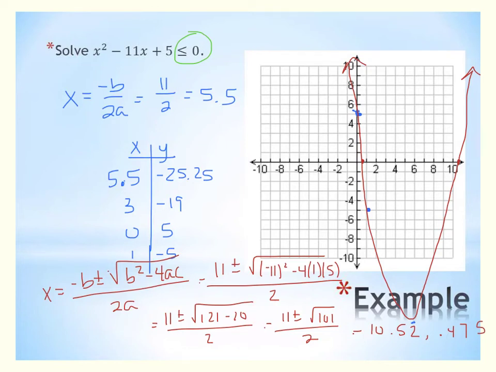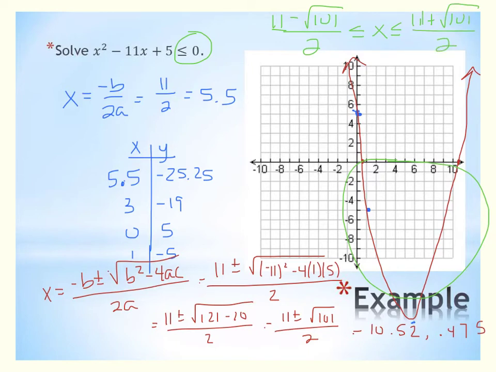So we want all of our values that are underneath the x-axis. This is an AND statement because it's between the two intercepts. So we're going to say 11 minus the square root of 101 over 2 is less than or equal to x, which is less than or equal to 11 plus the square root of 101 over 2. So we're saying x is between those two values, and that's what's going to give us a negative y value.